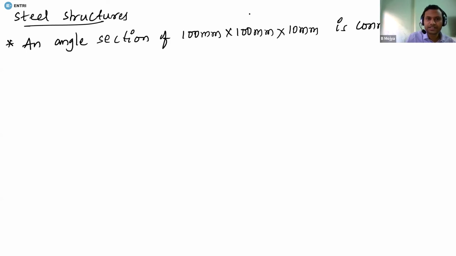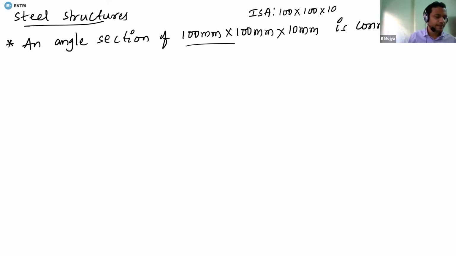Generally the representation will be like this: ISA 100 by 100 by 10. Students have given the question data as an angle section of 100 by 100 by 10 millimeter, but it will be shown like this. We do not know whether the data was in terms of ISA or not. Anyway, the meaning will be the same, so don't worry about the question statement.